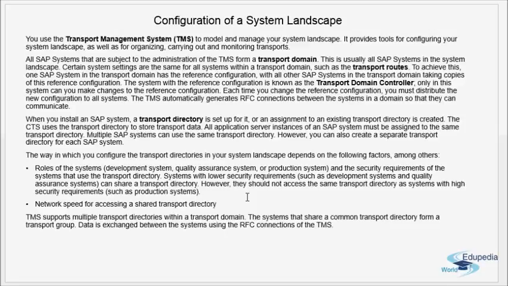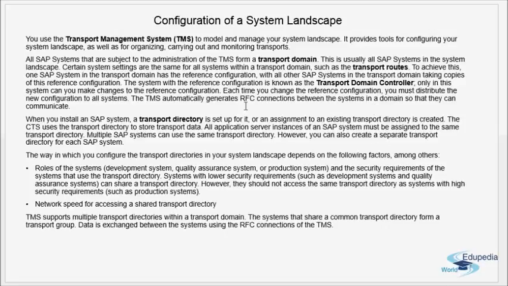So what are the terms we have learned here? Transport domain: all the systems under the administration of a TMS form a transport domain. Then we have transport routes, that is from one system to another, the way in which the data flows. Data always flows from dev to QA and QA to production, so these are the routes. The reference system is known as the domain controller.